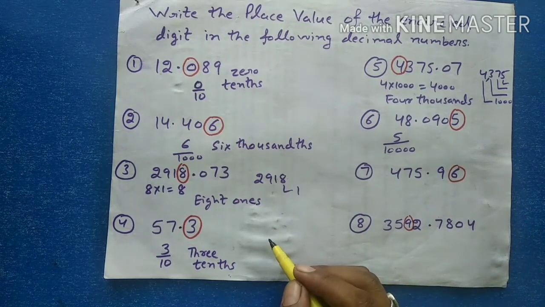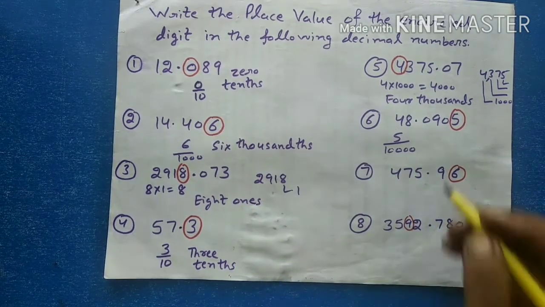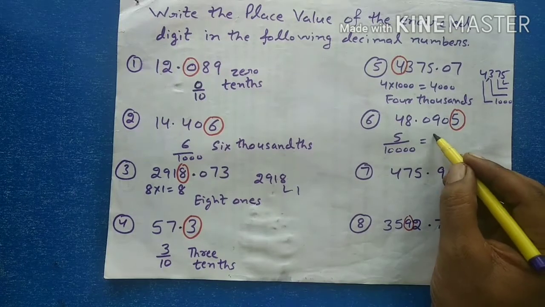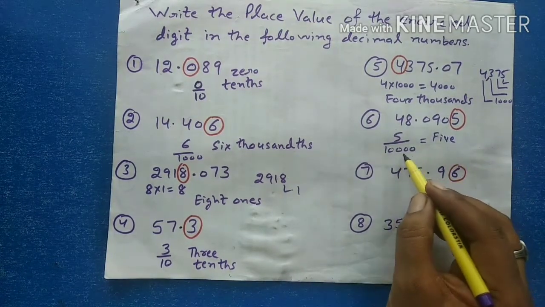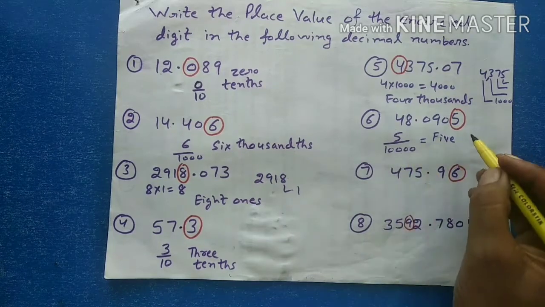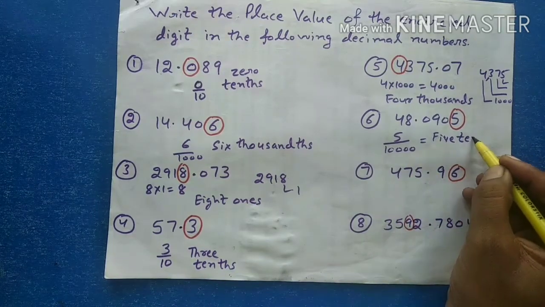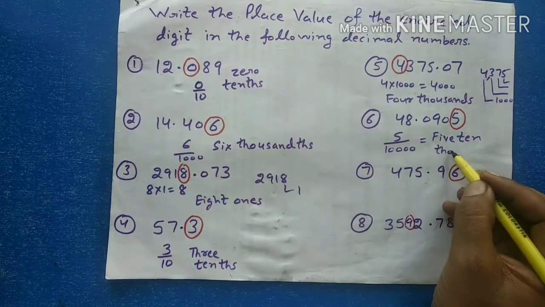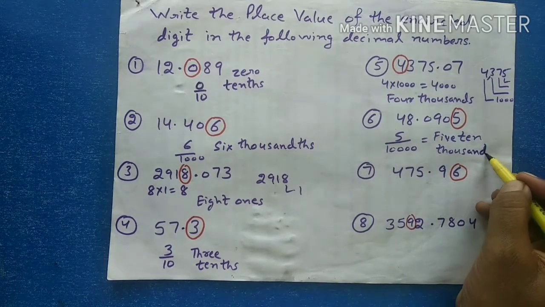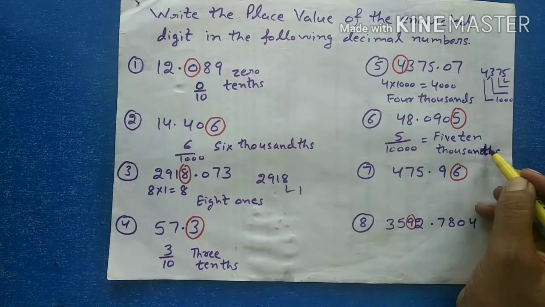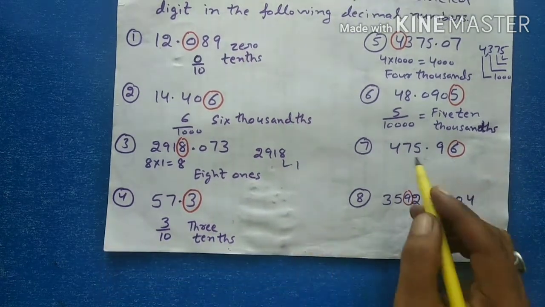So this will be its place value. And in words, how will we write this? 5 over 10,000. So I will write 5 ten-thousandths.